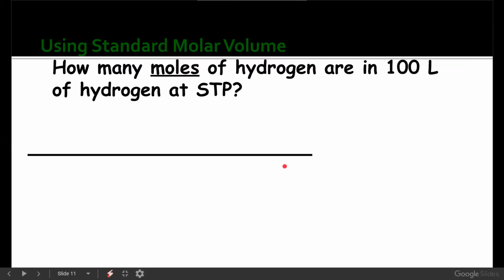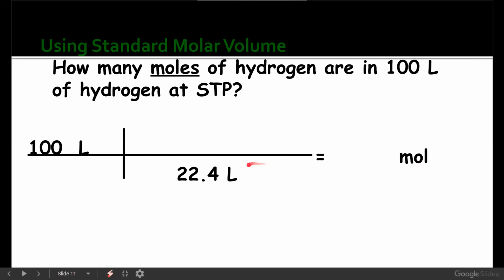So how many moles of hydrogen are there in 100 liters of hydrogen at standard temperature and pressure? So we're given 100 liters, and then we are looking for the number of moles, so moles of hydrogen here.